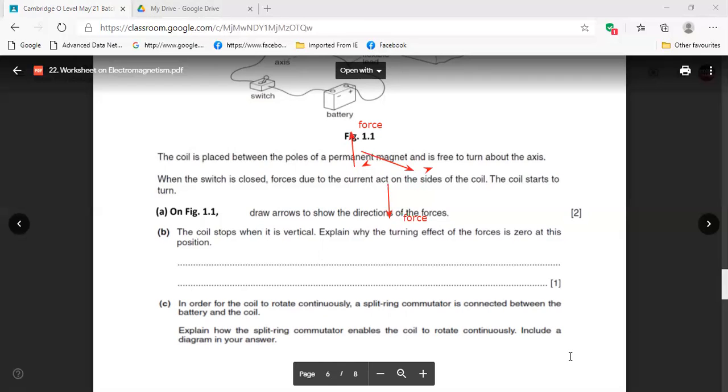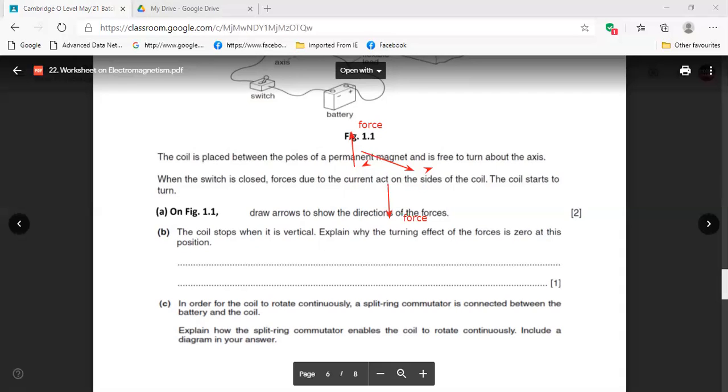Now when we have these two forces in a line, there is no horizontal distance between these two forces, then we have no turning effect, right? So that's why we are not having any turning effect.